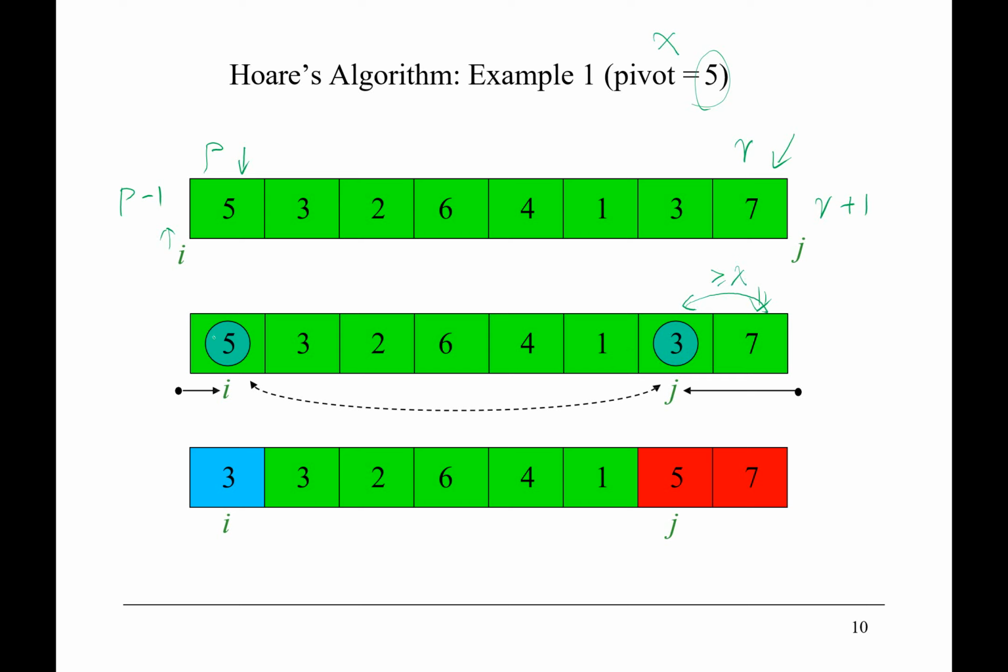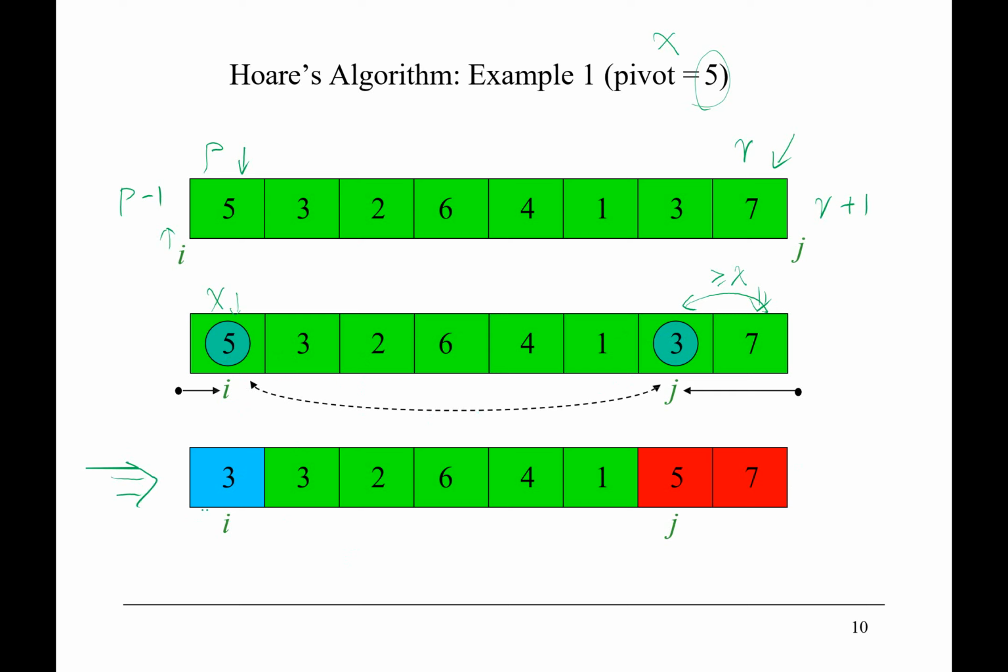Then go to the left side, and increase I, go to 5, and it will stop here because it's equal to the pivot X. In that case, 3 has to be placed in the left region, and 5 could be placed in the right region because it should be larger than or equal to 5. Swap 5 and 3, and we have these results in the first iteration, right?